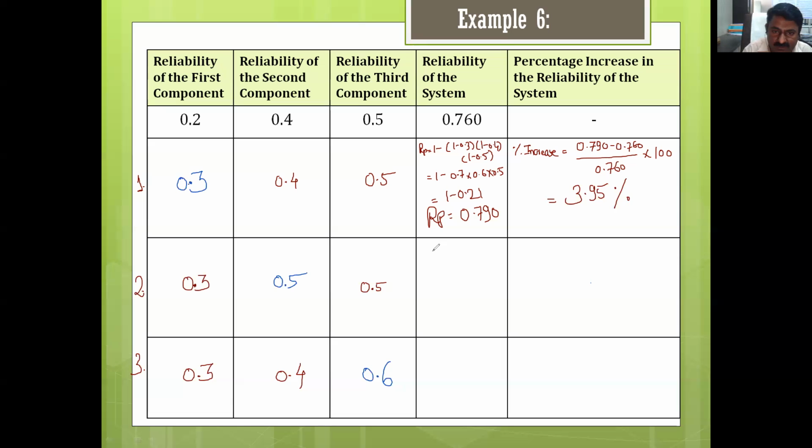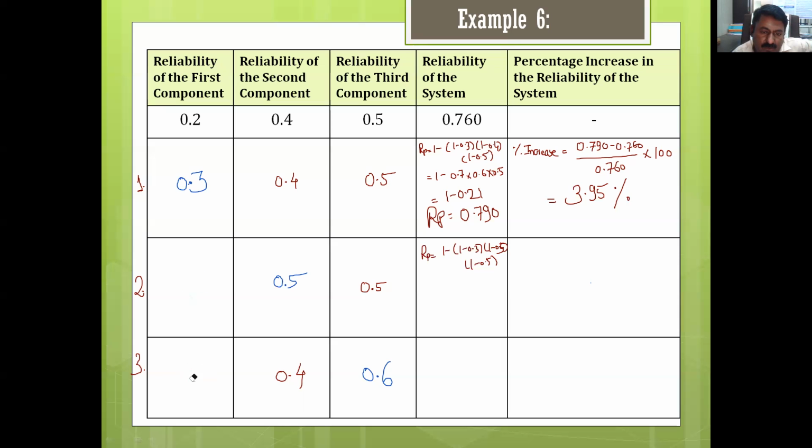So here you can say R is equal to 1 minus the bracket of (1 minus 0.3), (1 minus 0.4), (1 minus 0.5). So here two places 0.5. Let me go for calculation. Okay, something is wrong here in this case.